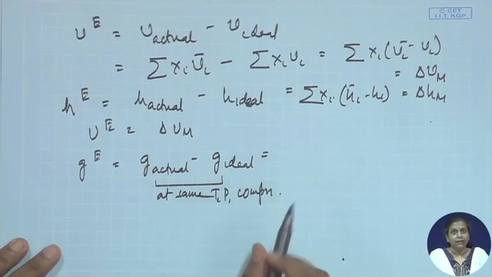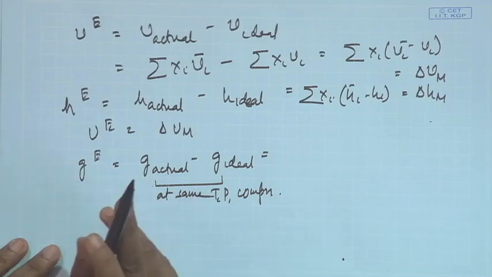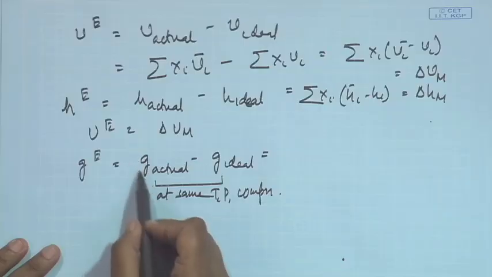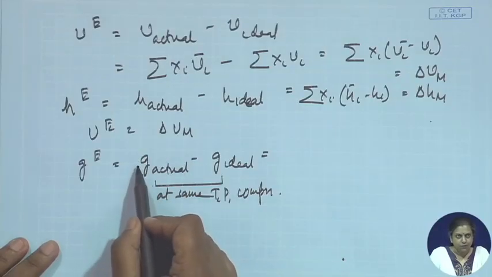Now, as I had already mentioned, we cannot define absolute values of any properties. We always define the property changes. So this actual Gibbs free energy of the solution is better expressed as the actual change in Gibbs free energy on forming the solution, isn't it?